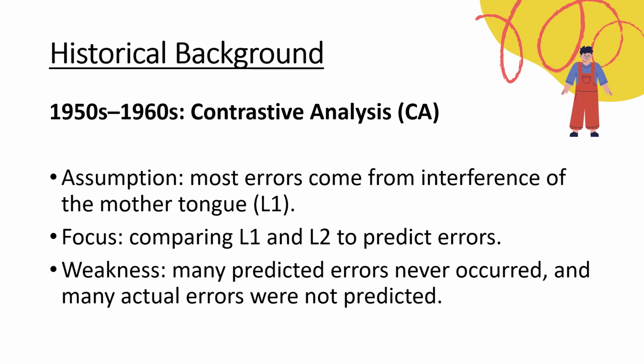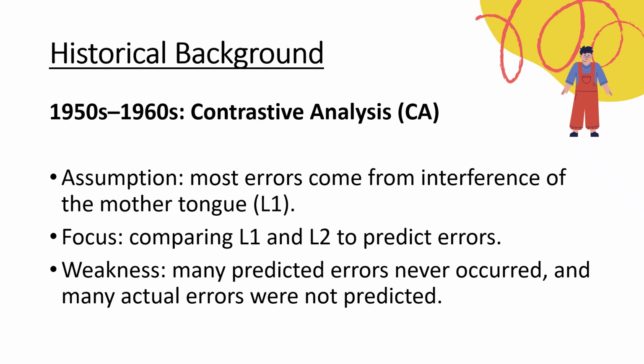Next, in the 1950s to 1960s, we call this the era of contrastive analysis or CA. The assumption was most errors come from the interference of the mother tongue or L1, language 1. So researchers believed second language errors mostly happened because learners were still influenced by the first language.